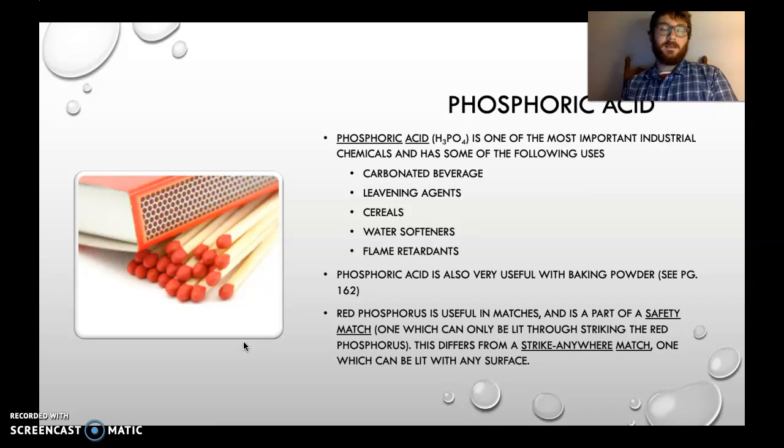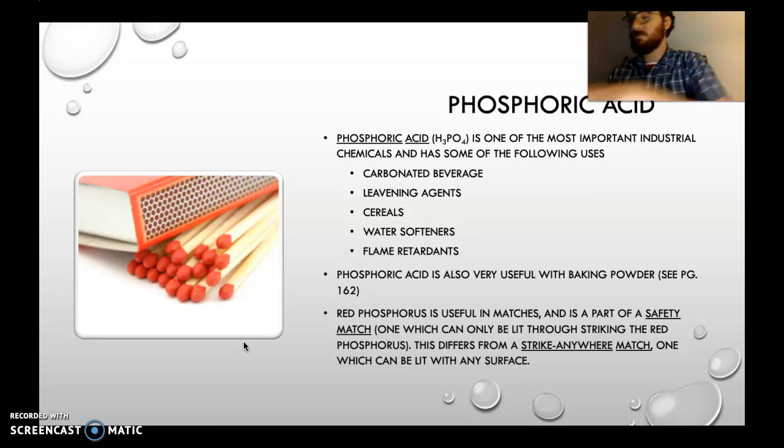So anyway, that's aside. Phosphoric acid, H3PO4, is one of the most important industrial chemicals, and it is used in carbonated beverages, leavening agents, cereals, water softeners, flame retardants. It's also very useful with baking powder. You can check that out on page 162.